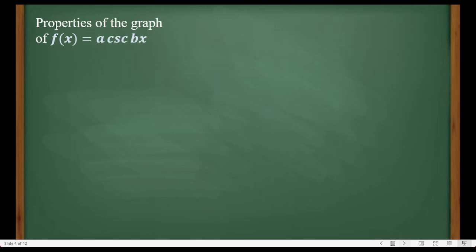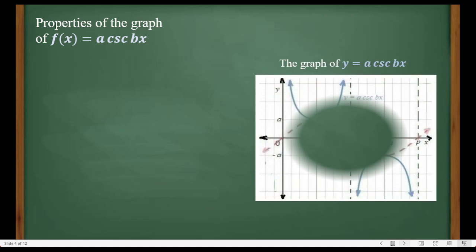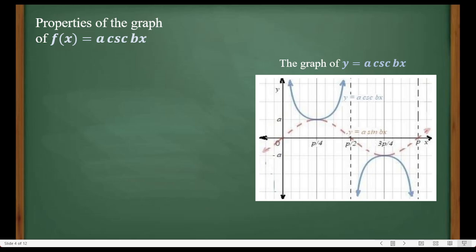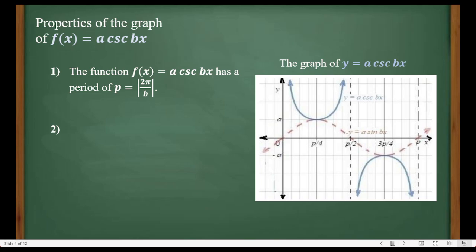Okay, how about the graph of the cosecant function wherein the coefficients are not just 1 but any other value? Now we have the graph, and the properties are, for the given function, the period can be determined by the formula 2 pi over b, and again, b is taken from the coefficient of x.